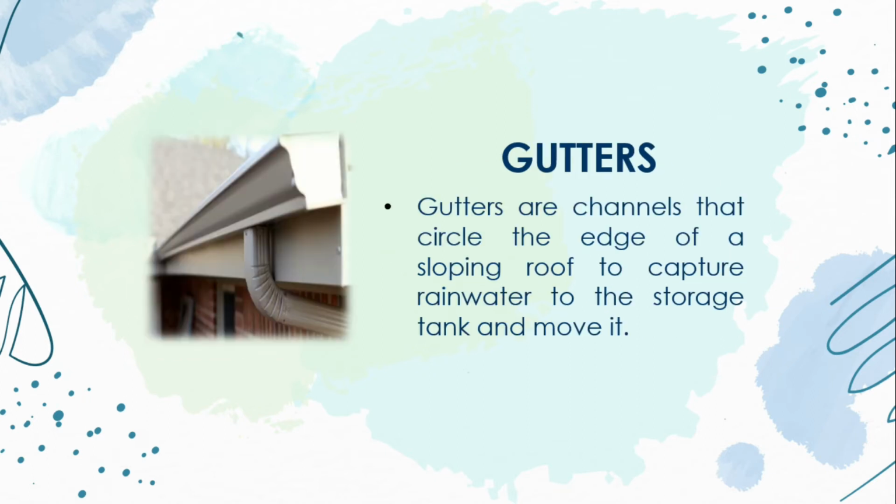The next one is gutters. Gutters are channels that circle the edge of a sloping roof to capture rainwater to the storage tank and move it. Kung makikita natin ang typical na bahay, sa dulo ng roof, nandun yung gutters natin. Sila yung sumasalo ng mga rainwater papunta sa tubo pababa.